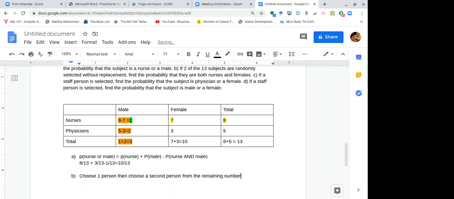So that's what without replacement means. If I said with replacement, then I would choose one person and choose a second person from the original number. Does that make sense? So the thing you have to understand about this is that the first person is chosen from the original group.